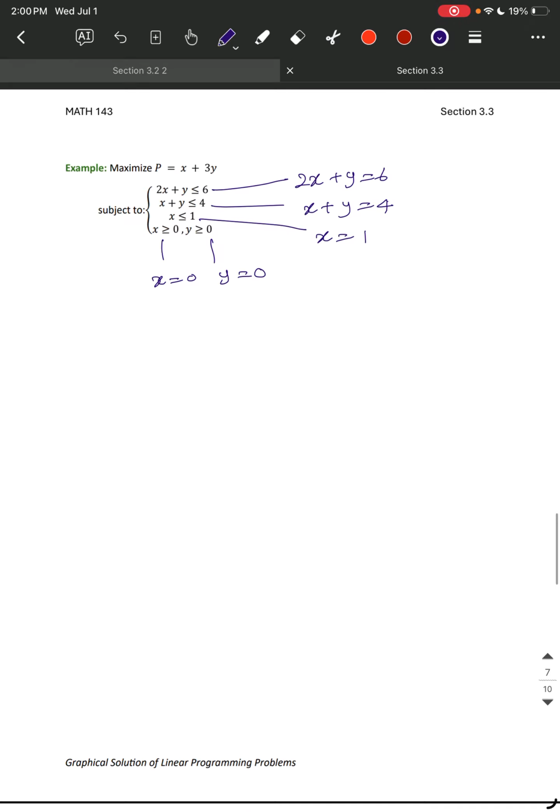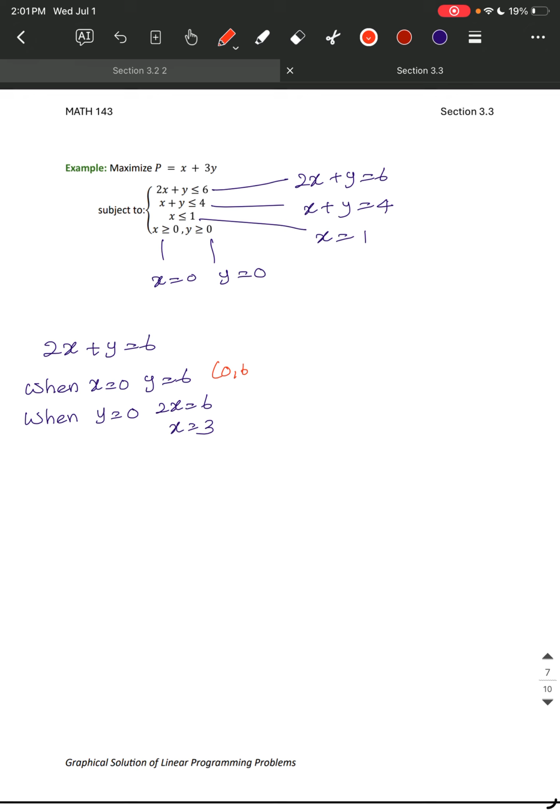Let's draw all the constraints. 2x plus y equals 6. When x equals 0, y equals 6. When y equals 0, 2x equals 6, that is x equals 3. So the points are (0, 6) and (3, 0).